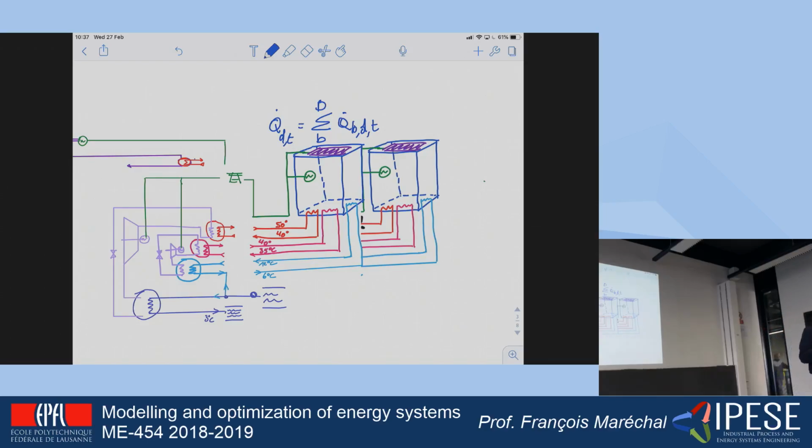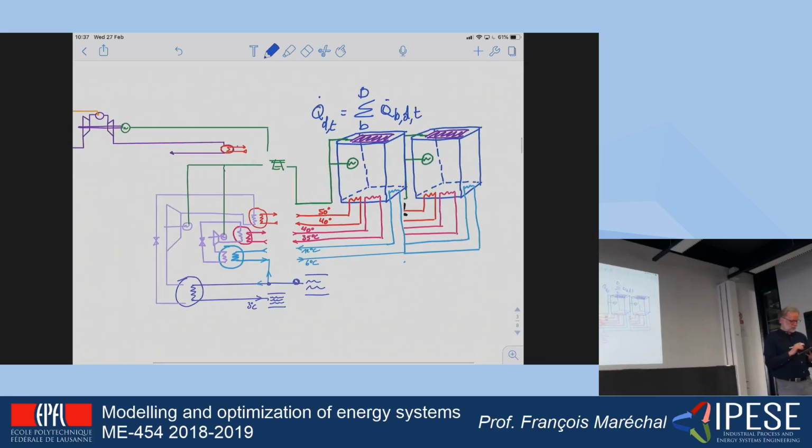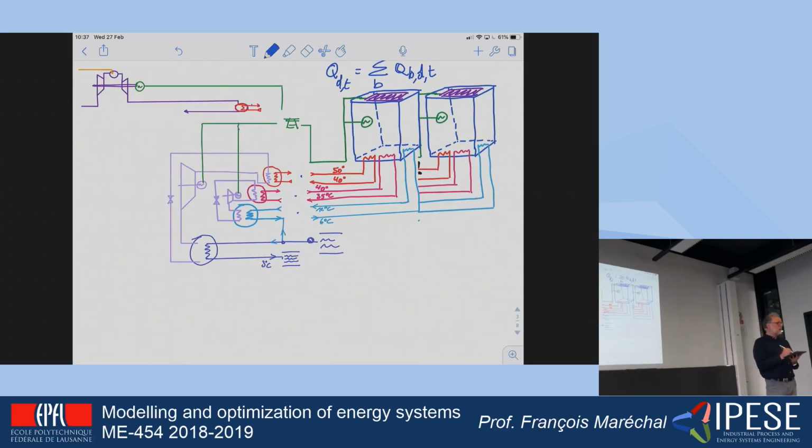Okay, which means that if I'm making the sum, then I will know what is needed here, here, and here. Okay. And now I'm going to look at the way I'm going to supply those amounts, and I'm therefore going to look at a heat pump that will perhaps use the water from the lake.